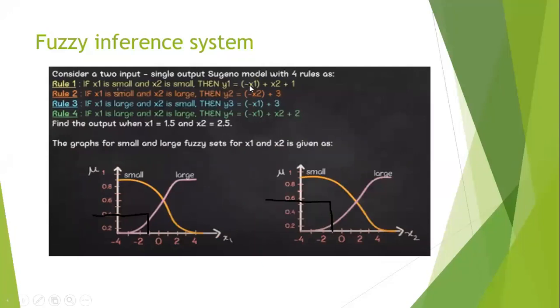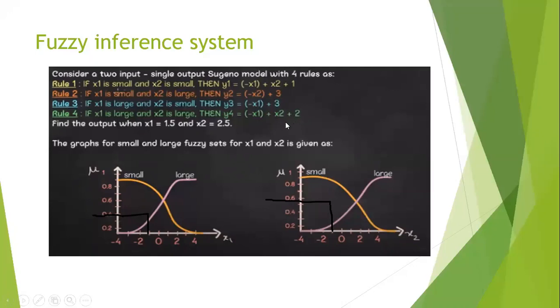So substituting y1 with 1 point minus 1.5 plus x2 with 2.5 plus 1. So you'll get the y1 value in the first rule. Similarly, y2 value, you are substituting minus 2.5 plus 3.5. y3 value, minus 1.5 plus 3 plus 1.5. y4 value, minus 1.5 plus 2.5 plus 2.